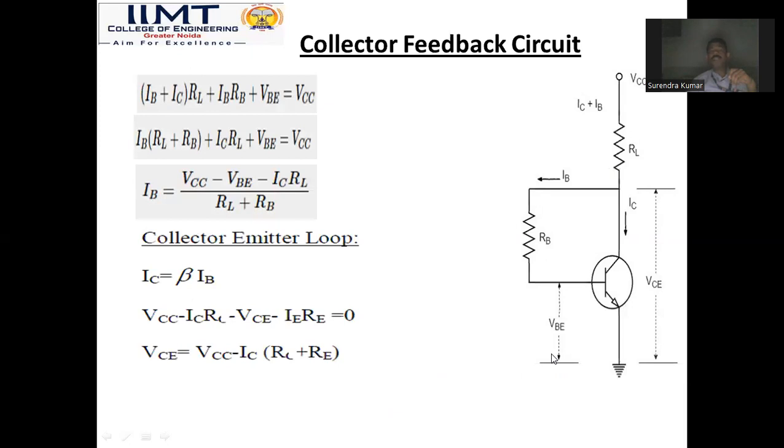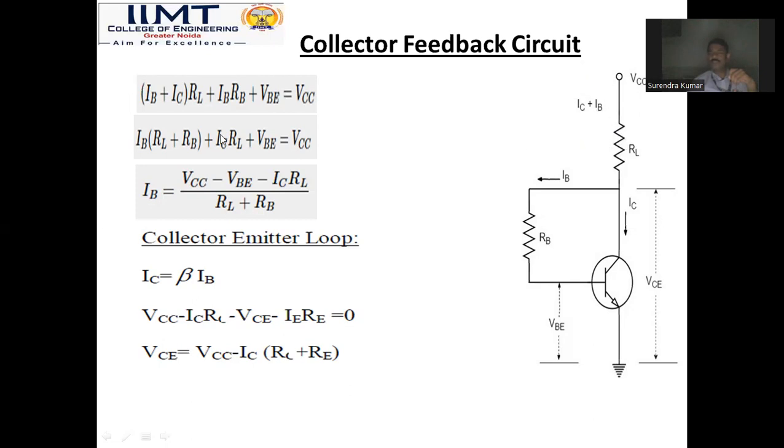Now, the second one is the collector feedback circuit. Here we are providing a feedback connection from the collector to the base circuit through the base resistor. Now, with this load resistor, or you can say collector resistor, both the currents, IC and ID, flow simultaneously through this branch.